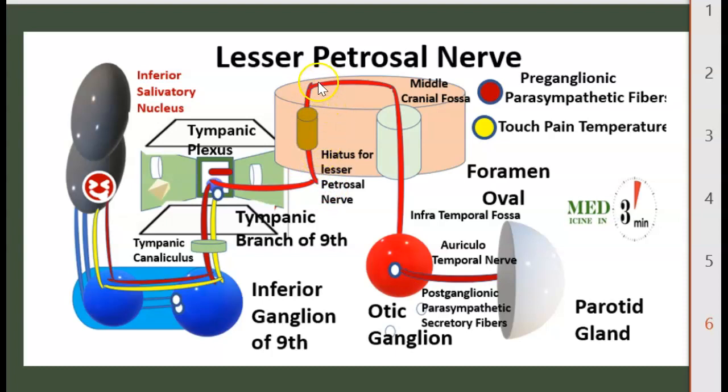And they emerge in the middle cranial fossa to reach the foramen ovale. Then they emerge in the infratemporal fossa to reach the otic ganglion.